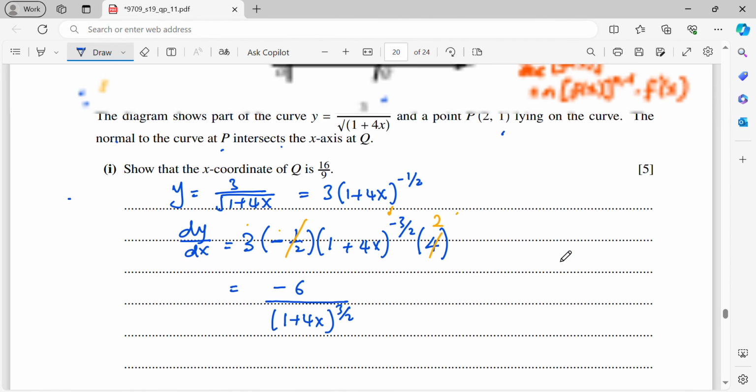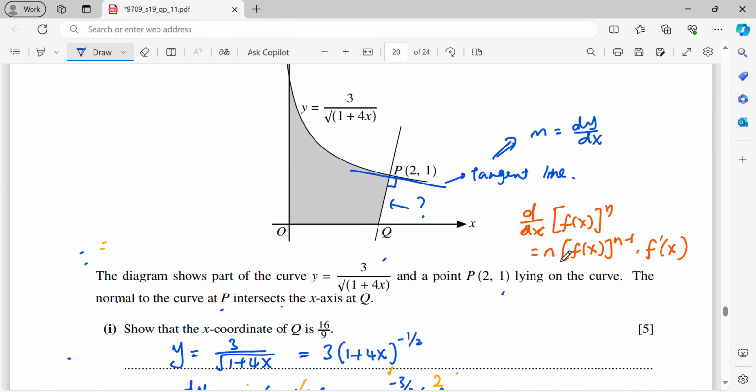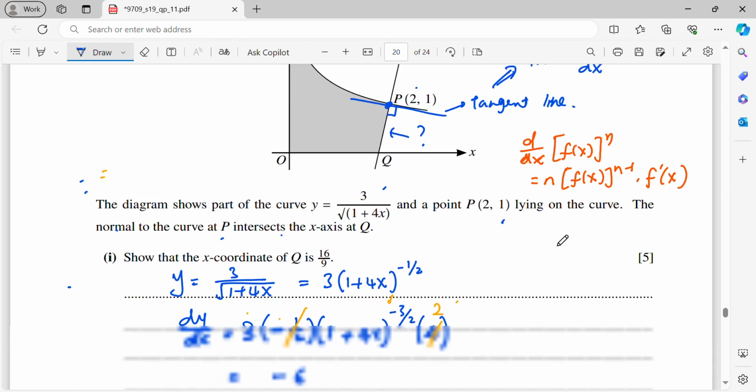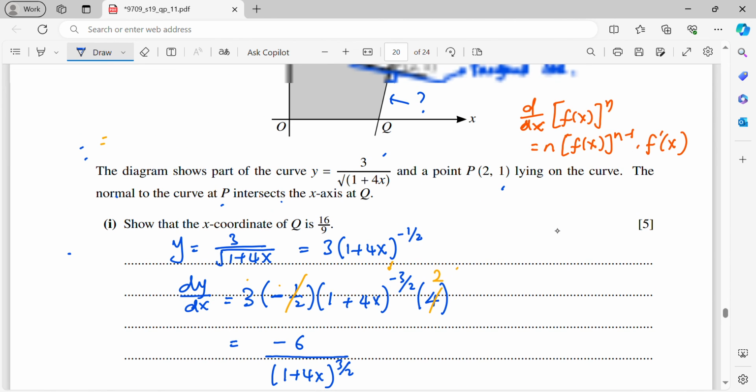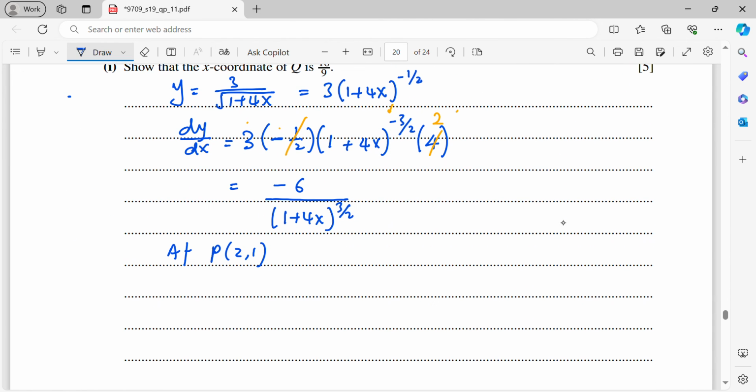Okay, and now I need to find out what is the gradient, which is dy/dx when x equals 2, which is at the point P. So I will write here at point P with coordinates 2, 1. That means my dy/dx is minus 6 over 1 plus 4 times 2, because my x is 2.